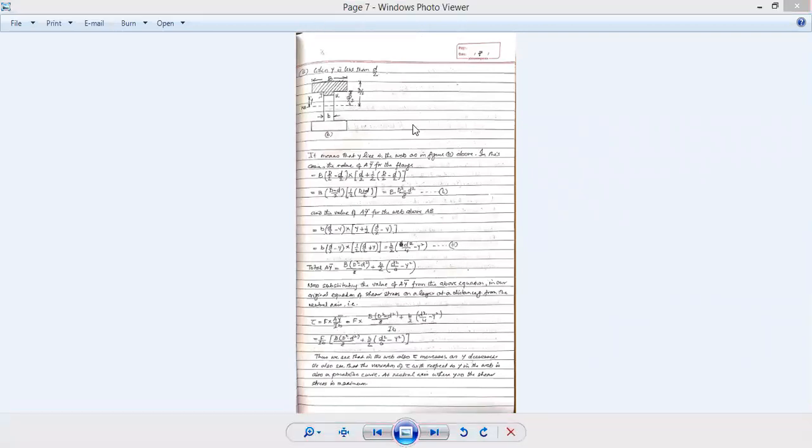So the area of this portion from the flange to the end of this section is given by b into d by 2 minus y, and y bar of this section will be the distance from the neutral axis to the CG of this small portion. So this will be half of d by 2 minus y, plus y.